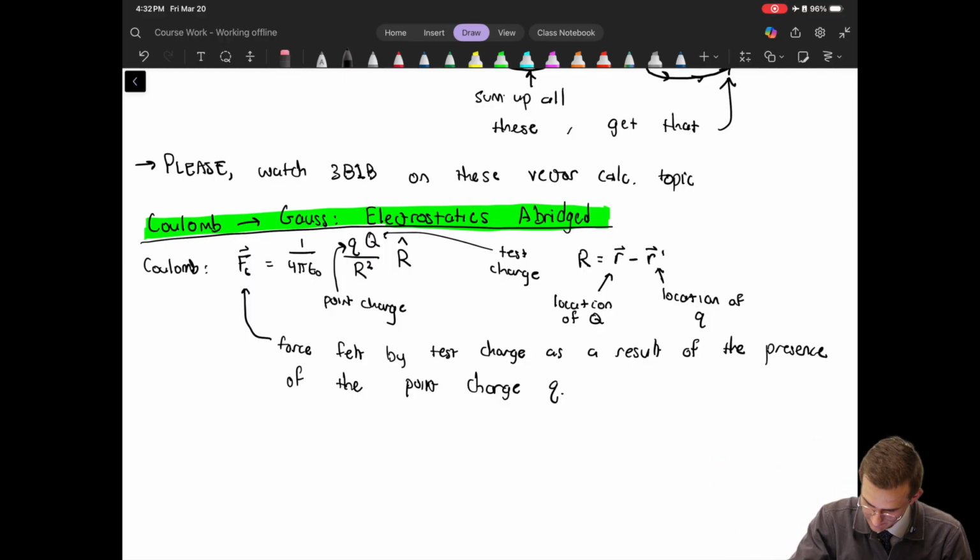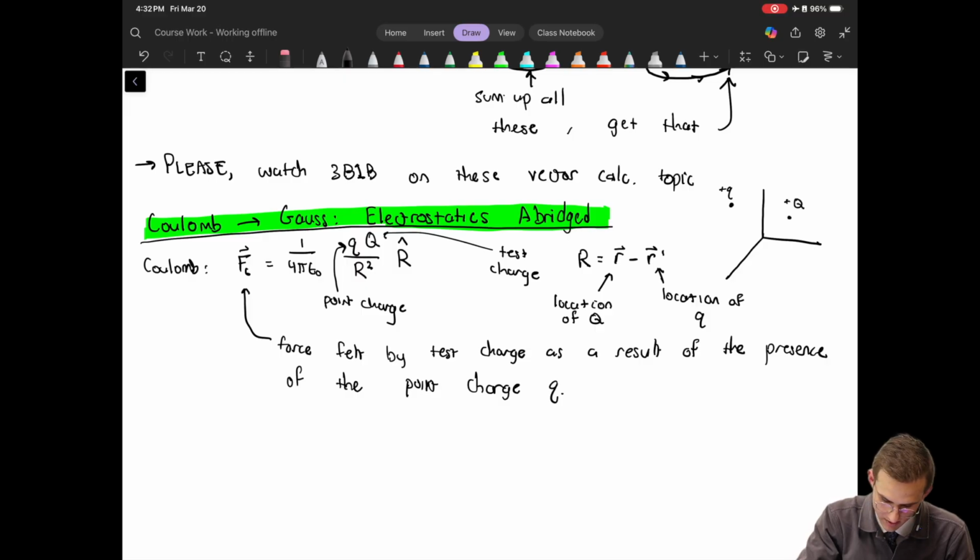I can even just draw that really quickly on a coordinate axis. Let's say we had our little plus q here, and we have a plus big Q there. Then R is going to start at the origin here, and it's going to point to Q, so that's R. And then R prime points this way, R prime.